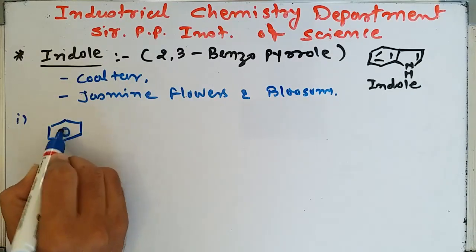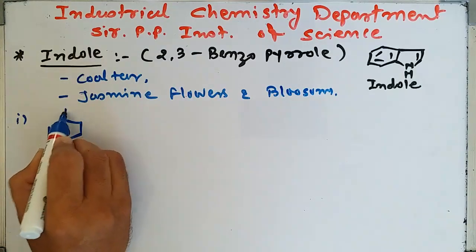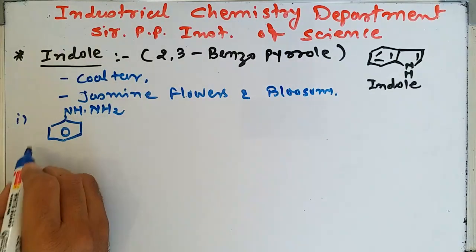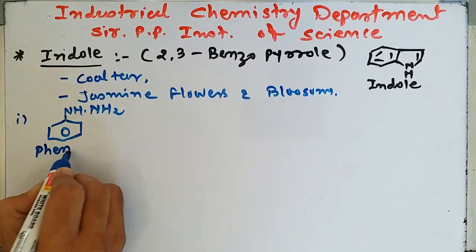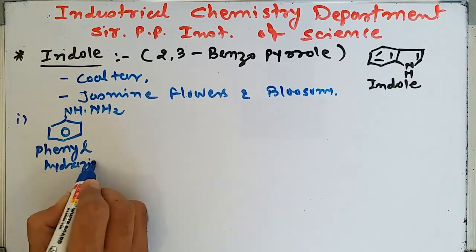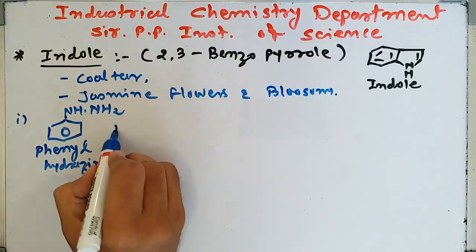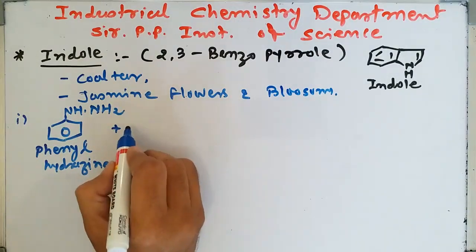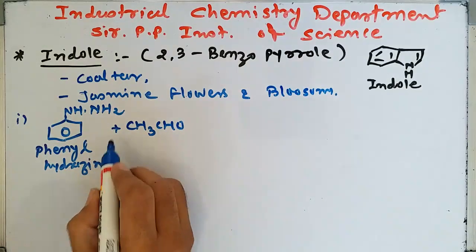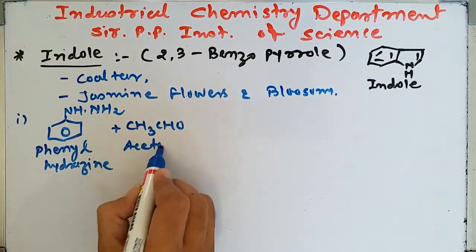This is a phenyl ring and it contains NH2. This is phenylhydrazine, treated with acetaldehyde, CH3CHO.